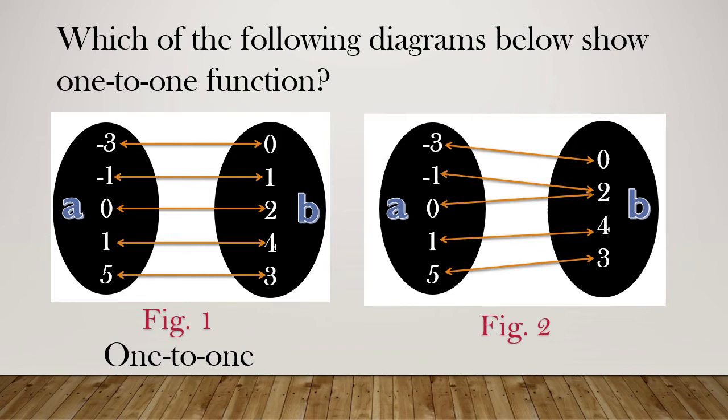So as you can see, there are elements in B that correspond to two elements in A. So in this case, since two elements in A correspond to one element of B, the pairing is not one-to-one. So this figure 2 is not a one-to-one function.